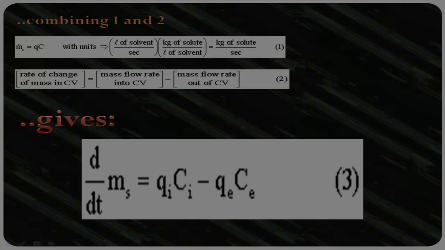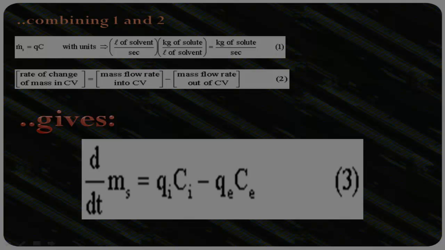Then, combining the notations from equation 1 with the generic mass balance in equation 2 gives dMs over dt is equal to Qi Ci minus Qe Ce, which is equation number 3. Here Ms is the mass of solute in the system and the solvent volume is the CV of interest.